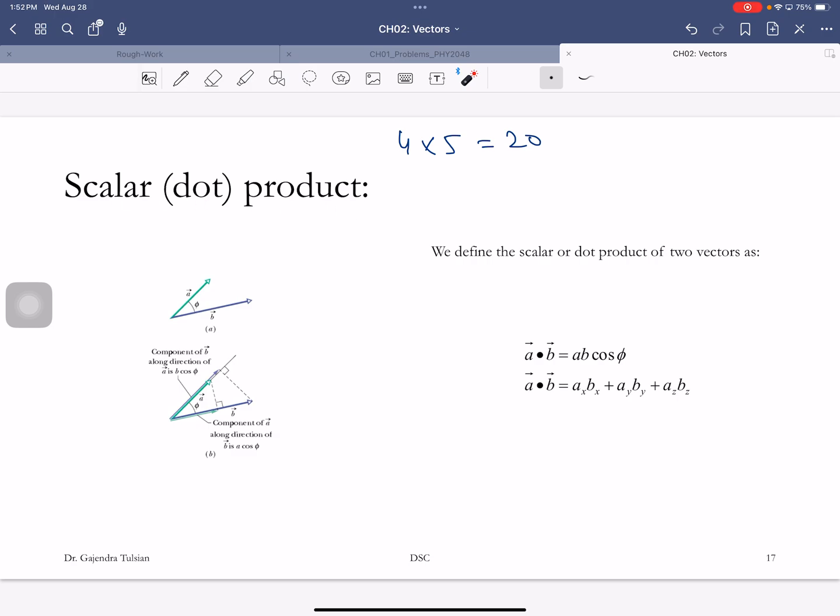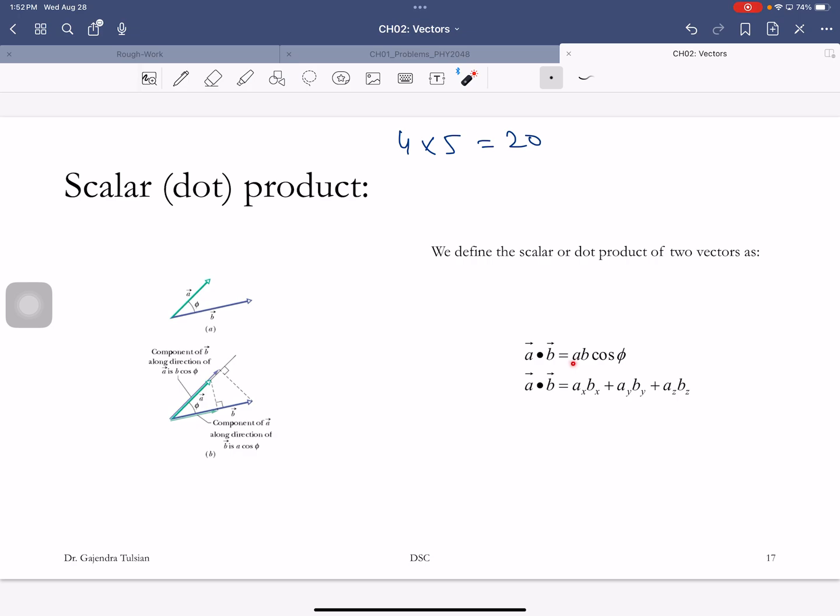It's called a dot product because of the notation. A dot B is defined as follows: here's a vector A, here's a vector B, drawn from the same point, and there's the angle between them. A dot B is the magnitude of A times the magnitude of B times the cosine of the angle between them.